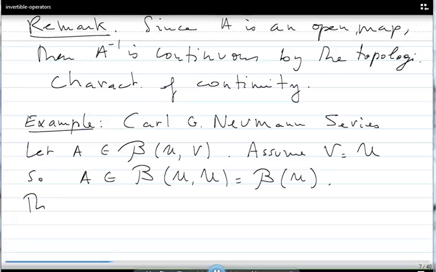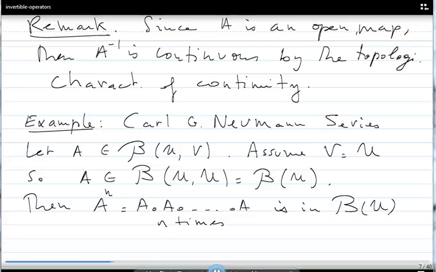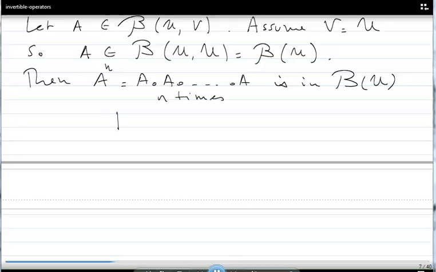Then A to the power n, which is A composed with A n times, is in B(U). It's a linear bounded operator, and the norm of A to the power n is less than or equal to the norm of A to the power n.